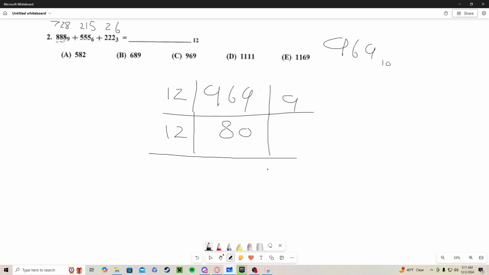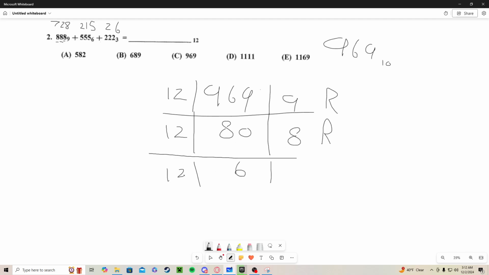So you get 6 here, and then we're left over with a remainder of 8. 969 minus 960 is 9, and then 80 minus 72 is 8.